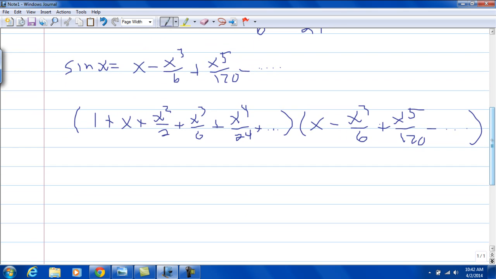And we multiply this out. I have 1 times x is x, and x times x is x squared. I'm trying to look where to multiply next. What if we did the x squared over 2 times x? That's going to be x cubed over 2.